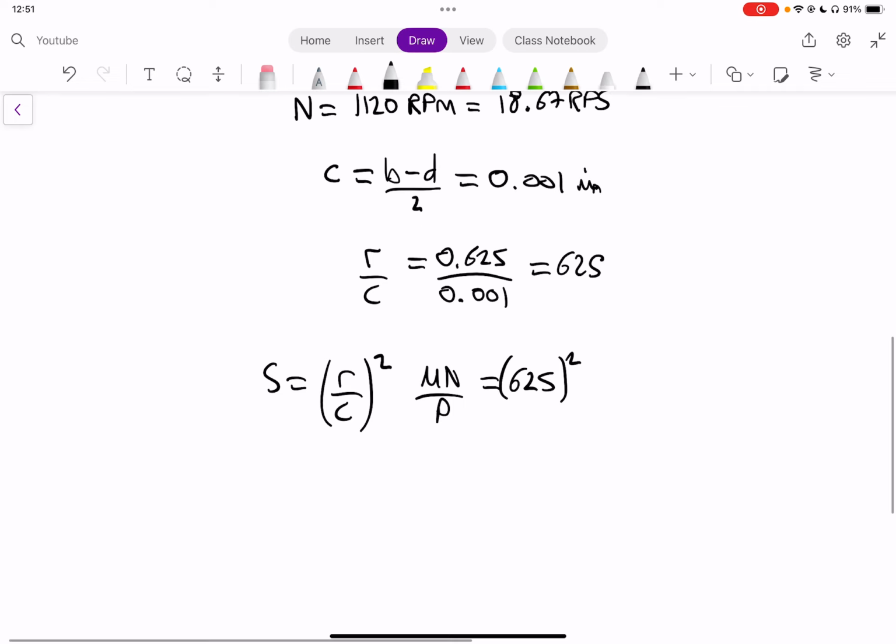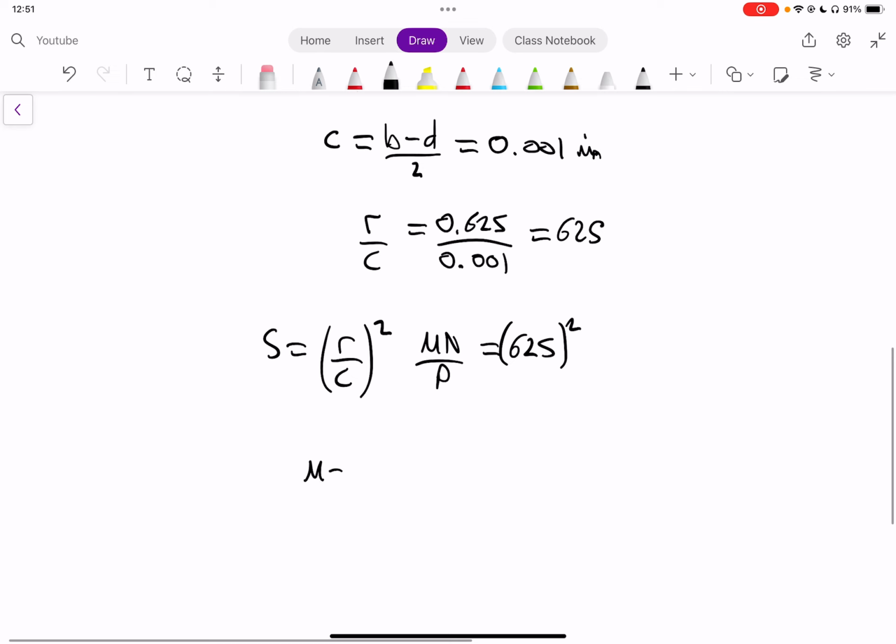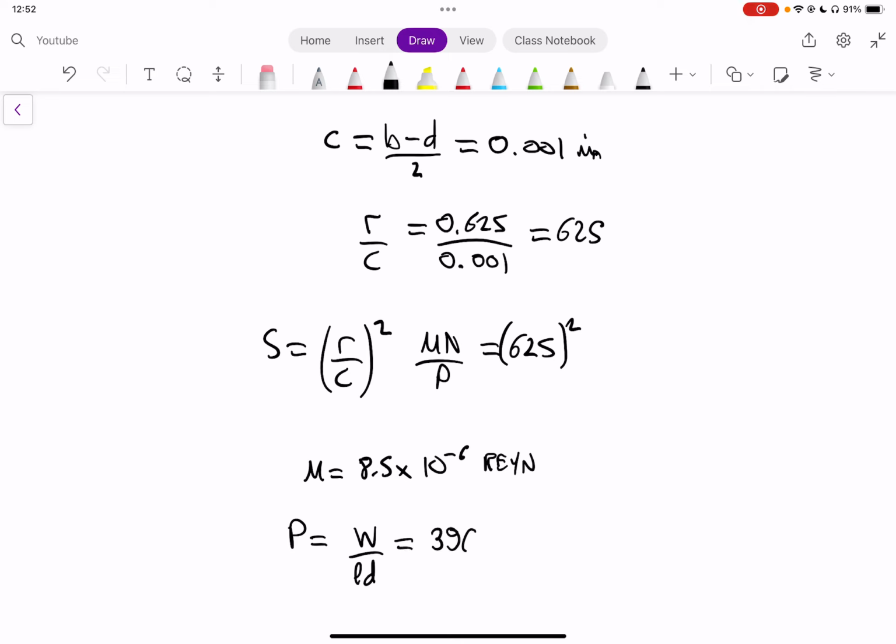And then mu N over P, so mu is given to us as 8.5 microreyn. So it's 8.5 times 10 to the minus 6 reyn. So we can plug that in up there. We'll plug it in a second. Then P is equal to W over LD, which gives us a value of 620 over 1.25 times 1.25, which is 396.8 psi.